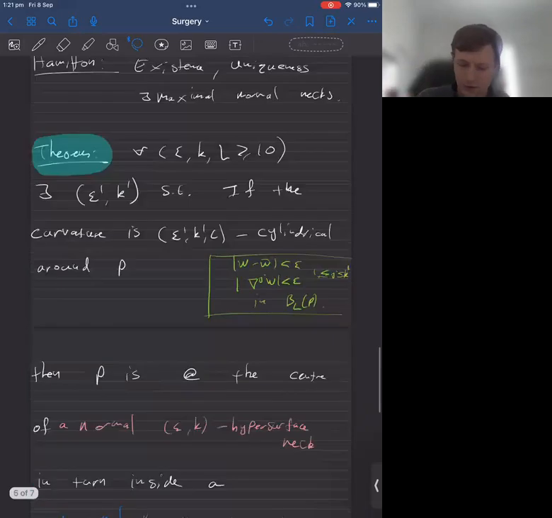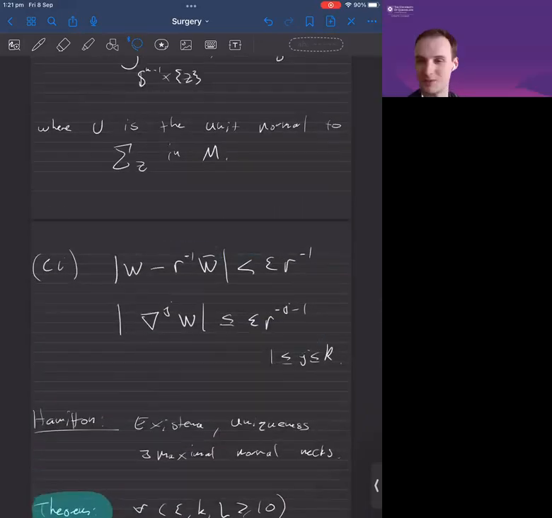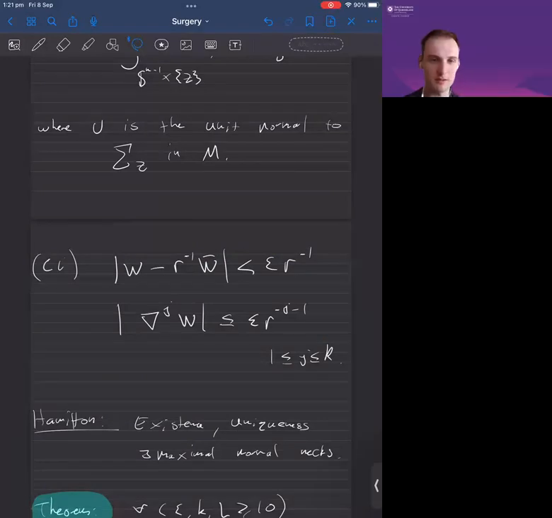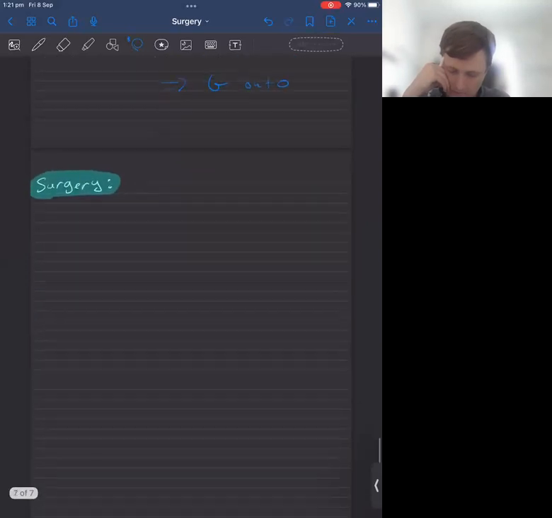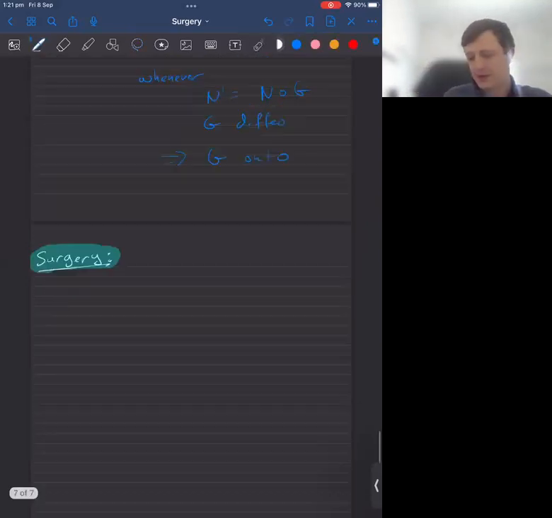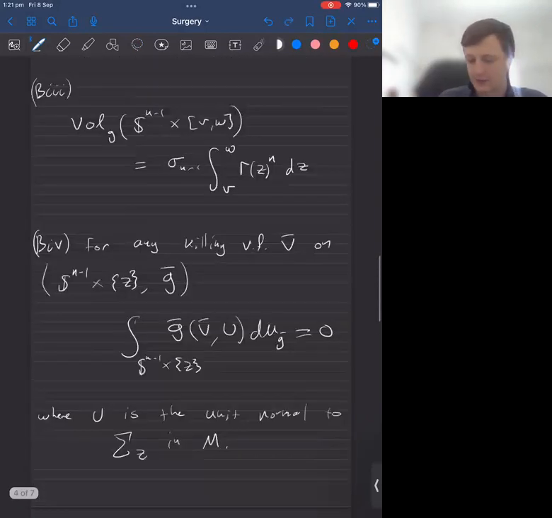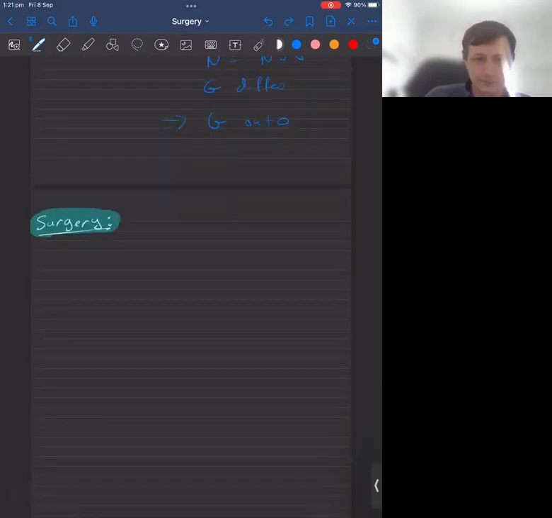So you no longer satisfy these bounds, for instance. Because if there's a boundary of this thing, that means that something went wrong, and in this case it just means that you don't have your estimates anymore. Yeah, I think your curvature just gets too far away. Thanks. No worries. Because I think these estimates allow you to get these CMC foliations, but I didn't go too far into the details on that one.